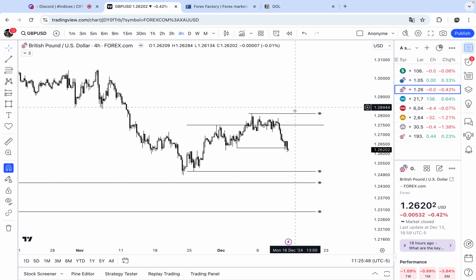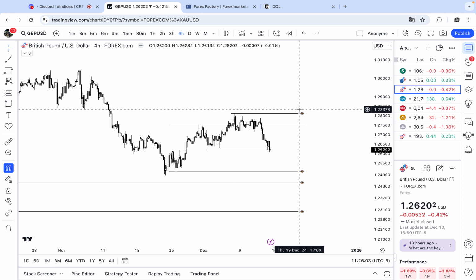If order flow tells me that strong selling pressure is here, then I can take a trade. A CRT or order block entry right here can be valid. And I think that's what the price will still do.